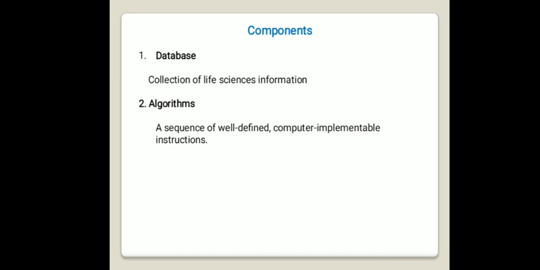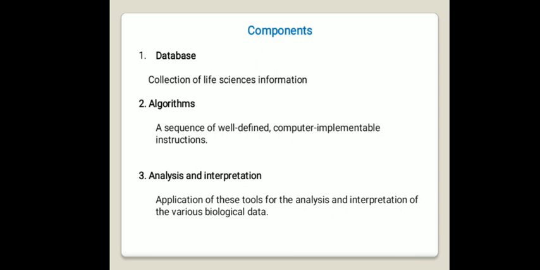An algorithm is a finite sequence of well-defined computer implementable instructions typically to solve a class of problems or to perform a computation. Algorithms are always unambiguous and are used as specifications for performing calculations, data processing, automated reasoning, and other tasks. This includes the development of new algorithms and statistics for assessing the relationship among large sets of biological data, for example, DNA sequences data.